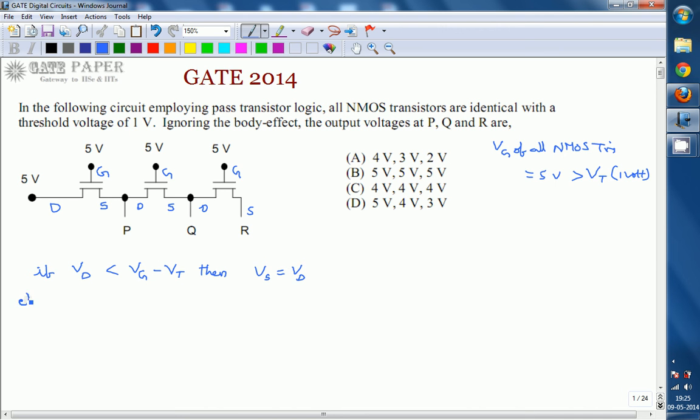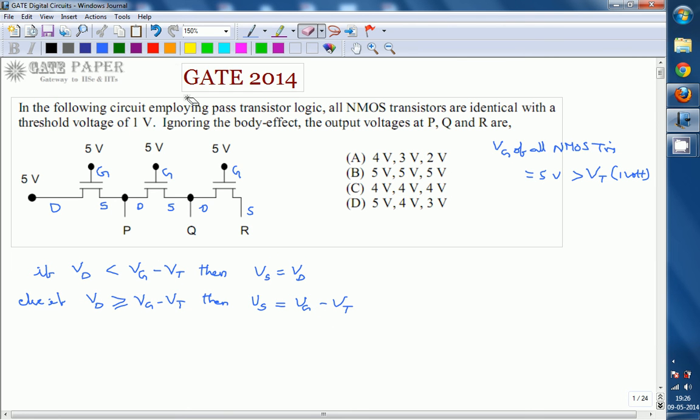Else, if Vd is greater than or equal to Vg minus Vt, then Vs will be stuck at Vg minus Vt itself.